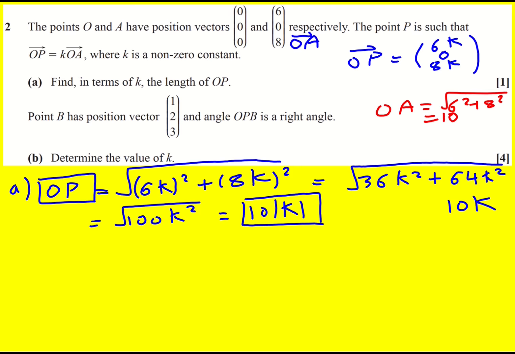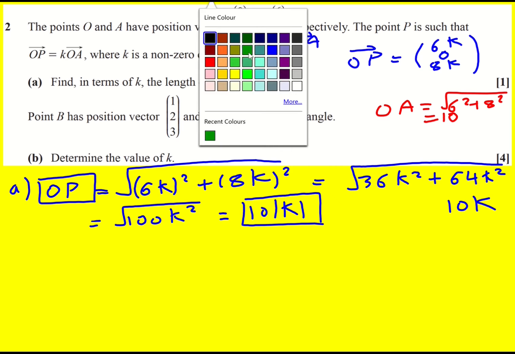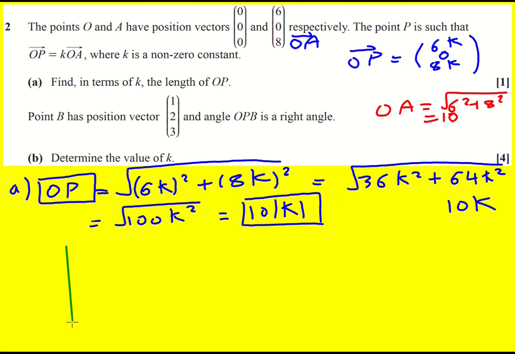We're then told that point B has position vector 1, 2, 3, and angle OPB is a right angle. All right, I'm going to get a little sketch of that. O to P to B, 90 degrees. So we have the length OP, and I'm going to be creating a right angled triangle.